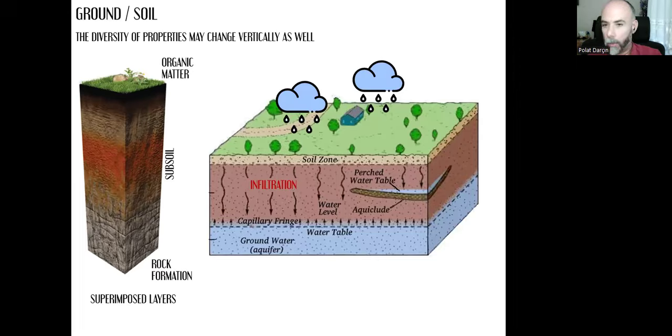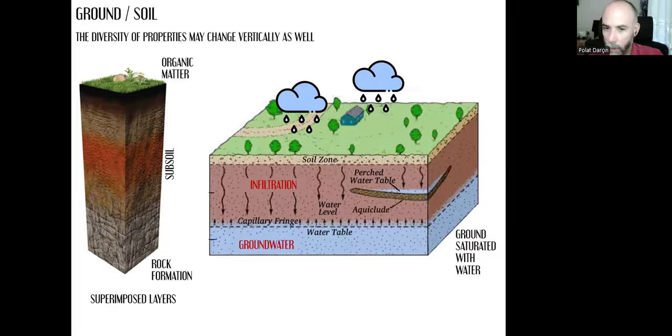And at a certain level, because of impermeable layers like rocks or different types of grains like silt or clay, they create these impermeable layers which hold the water, and there can be ground saturated with water.